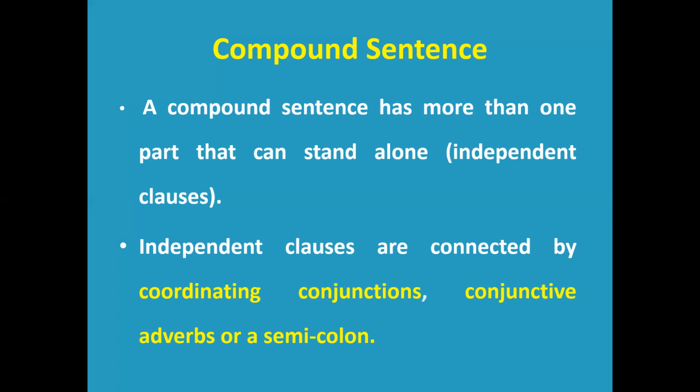So a compound sentence has more than one part that can stand alone, and that is the most important thing. It means two clauses are there, sometimes more than two clauses, but all of them are independent clauses, main clauses. We have two independent sentences and both are independent clauses.